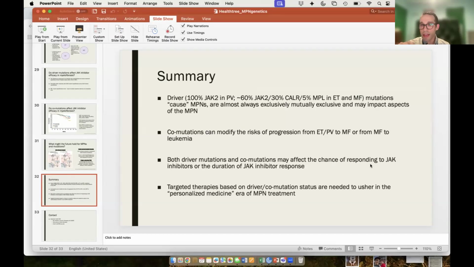Both driver mutations and co-mutations might affect the chance of responding to treatment, and they might influence what our treatment decisions are. And then I think targeted therapies based on driver or co-mutation status are really one of the future goals of the field, along with things like disease modification and more personalized medicine.